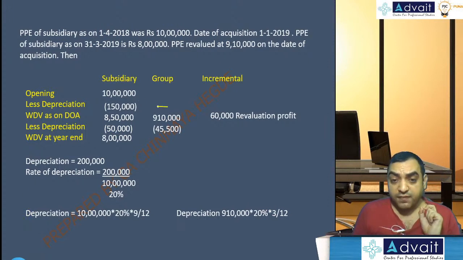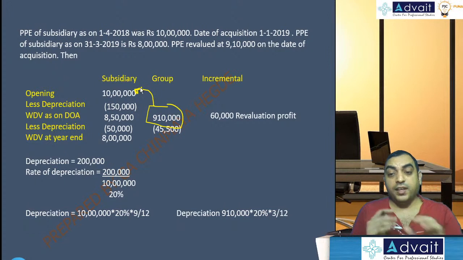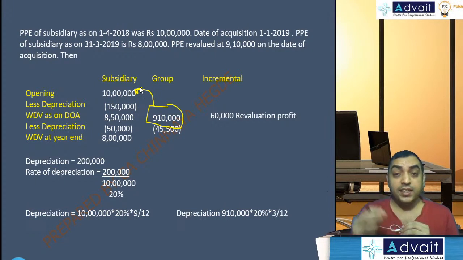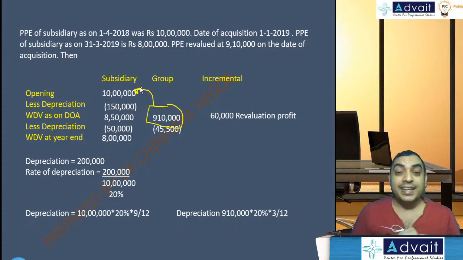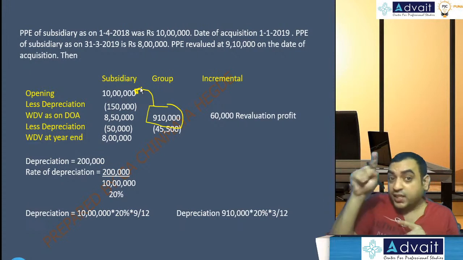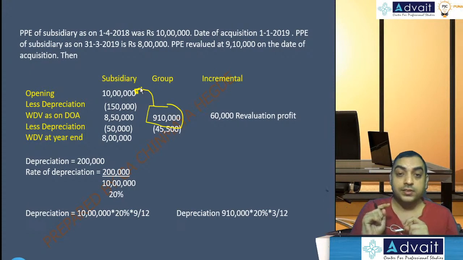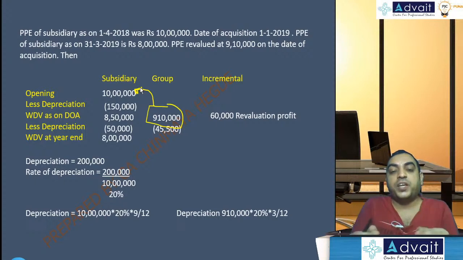See, the revalued amount 9,10,000 is below original value. 9,10,000 is the revalued amount. Original book value is 10 lakh. That is, you are not revaluing more than opening balance. In such case, this special situation arises.